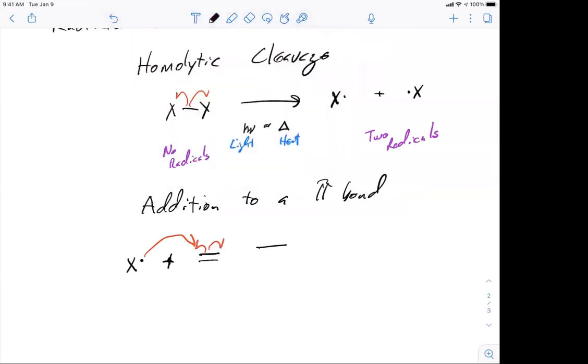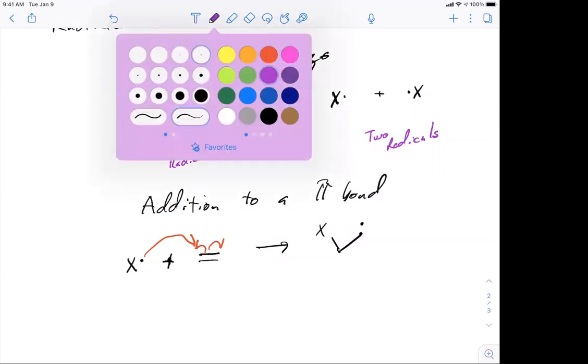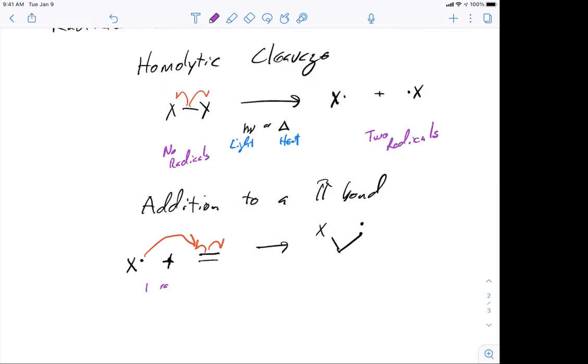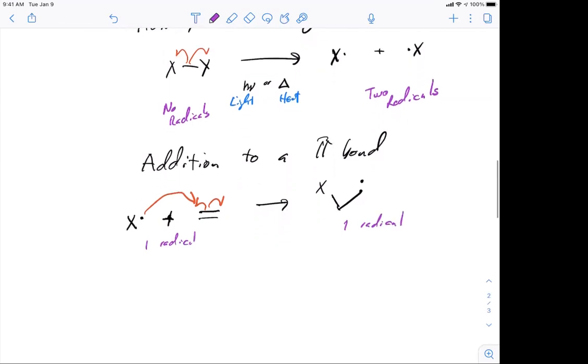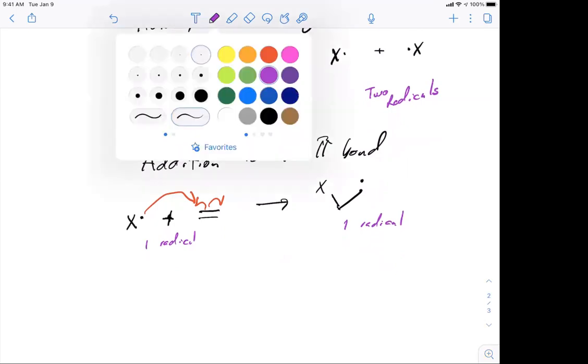And we can add the X to the double bond. So addition across the pi bond. Notice here that we start with one radical and we end up with one radical.